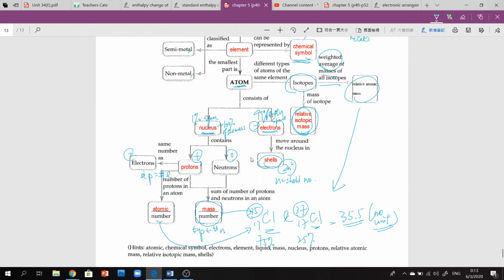Because they have the same number of protons but different numbers of neutrons. I do hope that by using this concept map, you will know more, along with a final recap on this chapter. I would like to stop here. See you guys in the next chapter, chapter 6.